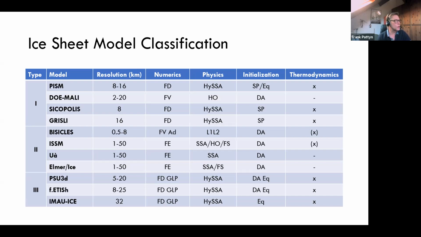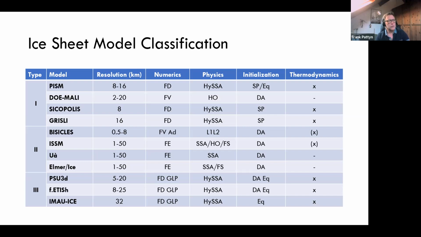This was just to show again the different categories of models and the resolution that is used in those models for a series of ISMIP6 experiments that have been done. What their numerics are, what the physics is, and then especially also their initialization. So you have initialization based on data assimilation, that's DA, or SP is spin-up, or EQ is an equilibrium.